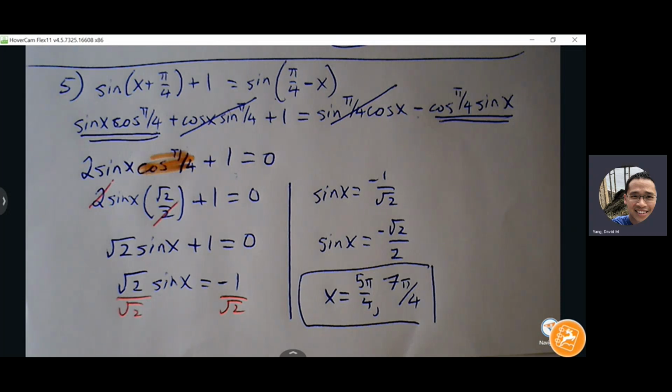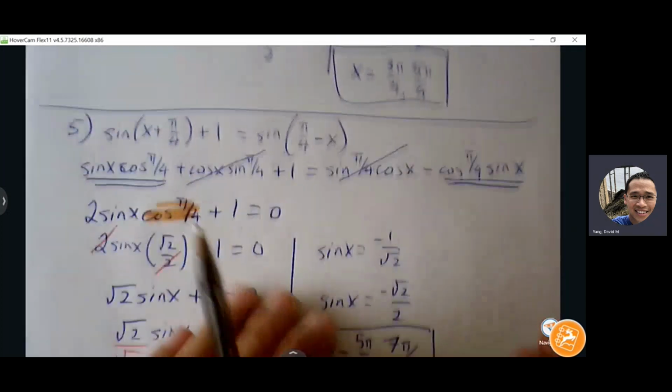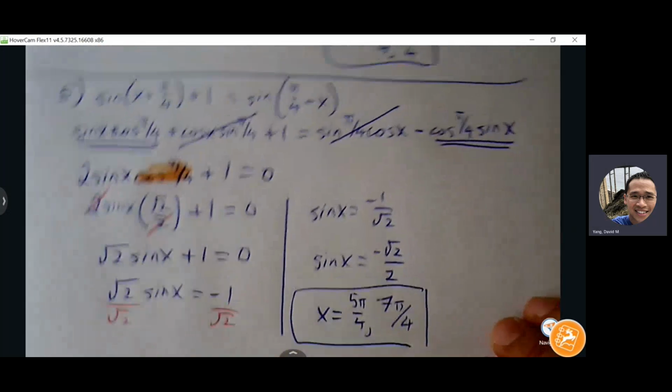Why don't we do number 6, just because we haven't done the sum and difference identity for tangent in a while. Everybody okay with 5?